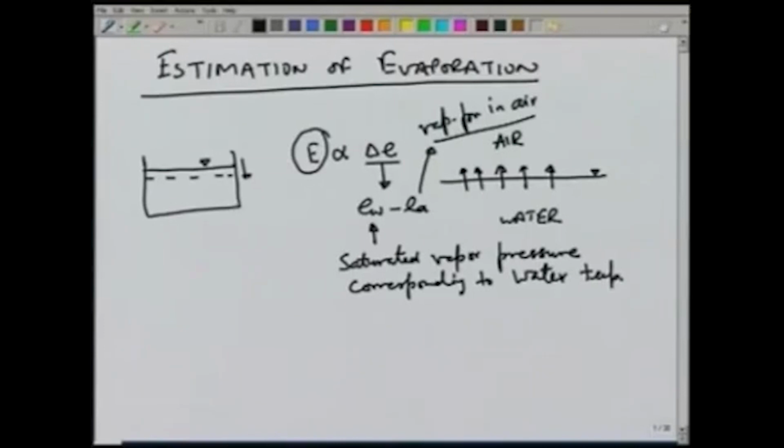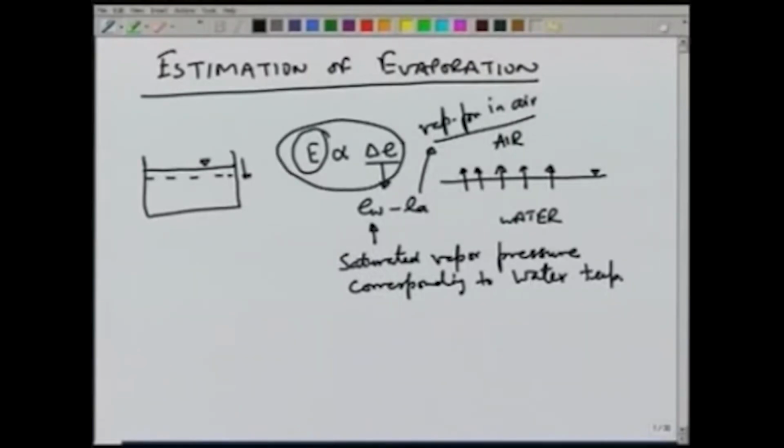We can also use some empirical equations. For example, we know that E is proportional to delta E. So, we can use some empirical equations like E equal to some constant k into delta E. Now, this constant may be a constant for a particular area, or it may also depend on some other factors. For example, we have seen that the wind speed is important.